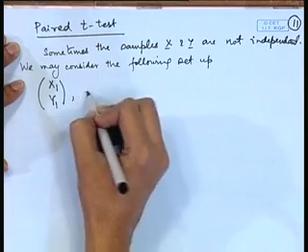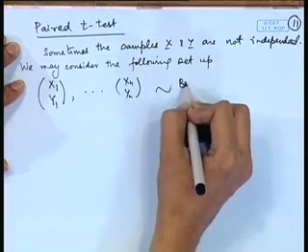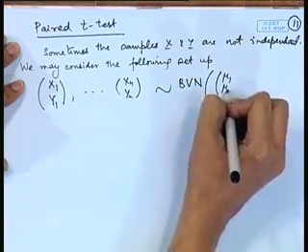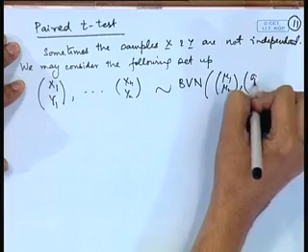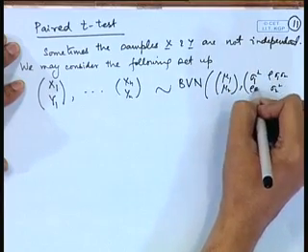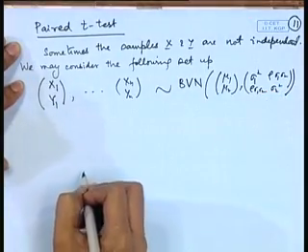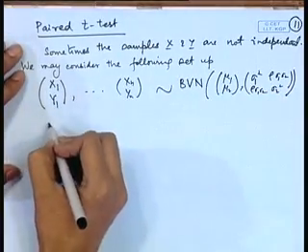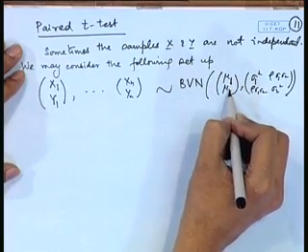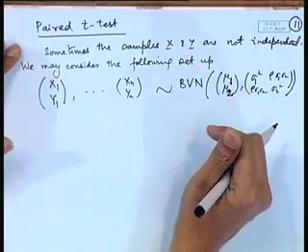So, (x1, y1), (x2, y2), ..., (xn, yn) follow a bivariate normal distribution with mean say mu1, mu2 and variances sigma 1 square, sigma 2 square and a certain correlation coefficient say rho here. So, in that case, we have to test about the equality of mu1 and mu2 or mu1 less than or equal to mu2, etc.